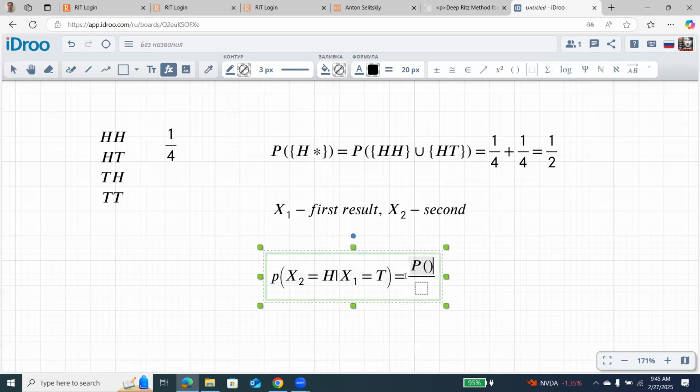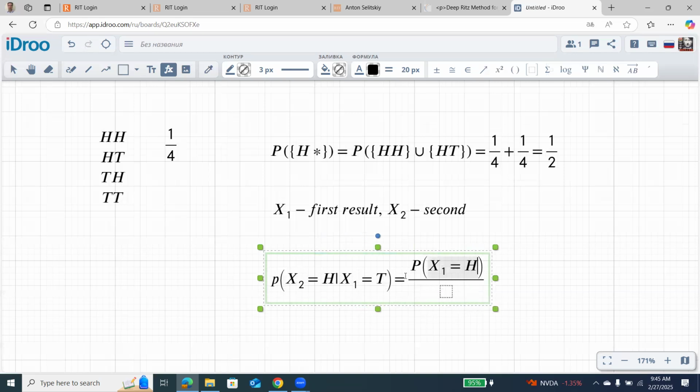So in the numerator we have the joint probability that the result of the first flip, and I'm using a comma, but if you think about events, it will be an intersection.